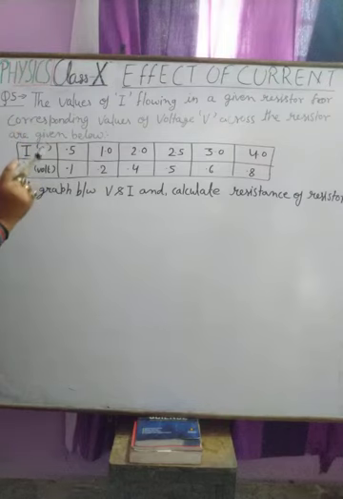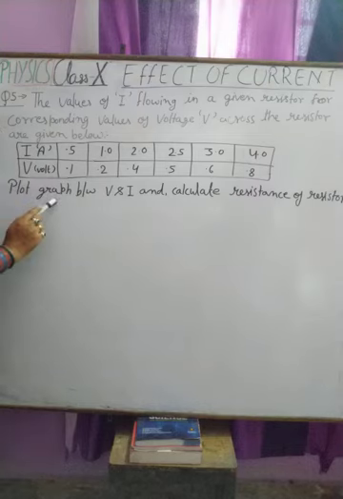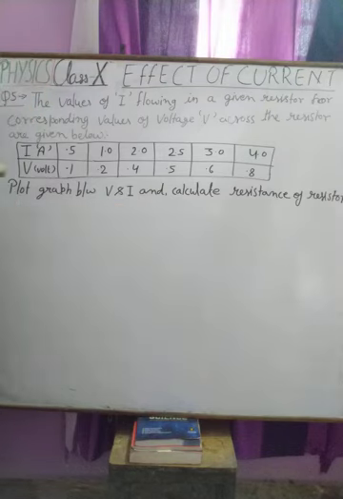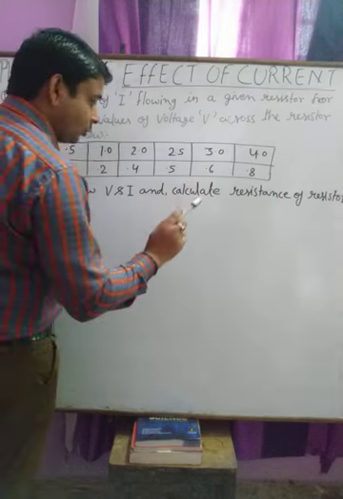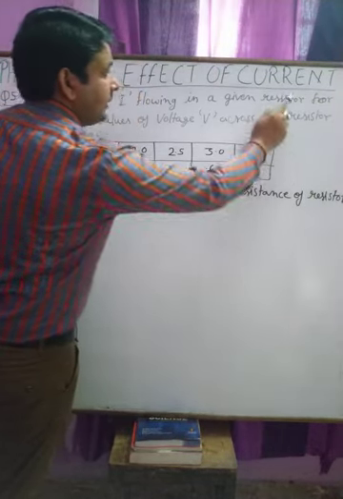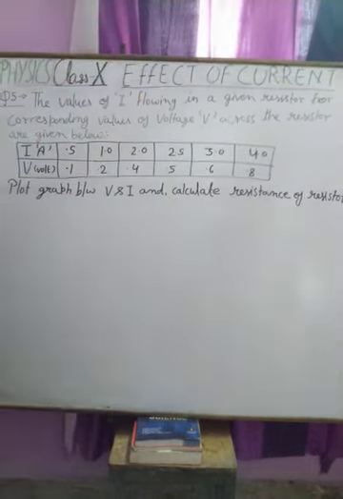For these values of current corresponding to the voltage, we have to plot a graph between V and I, and then with the help of the graph we need to calculate the value of resistance of the given resistor. Okay, now first we go for plotting the graph.